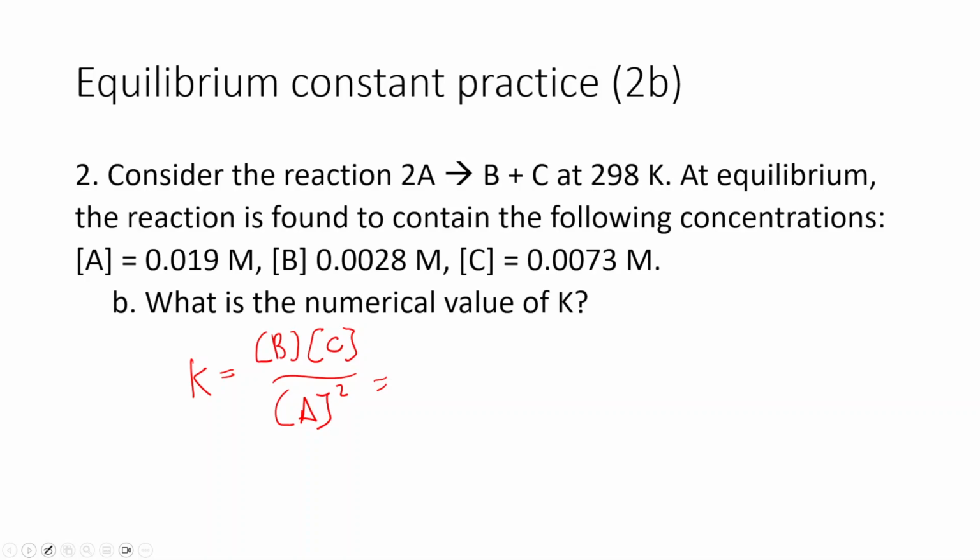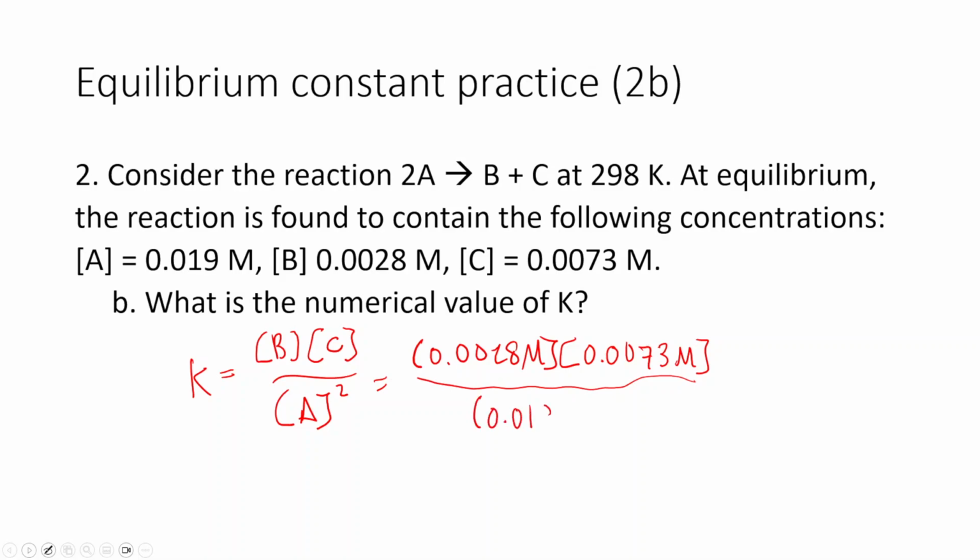This is pretty straightforward. Concentration of B, we have 0.0028 molar. Concentration of C, we have 0.0073 molar, over A squared, and A is 0.019 molar, squared.